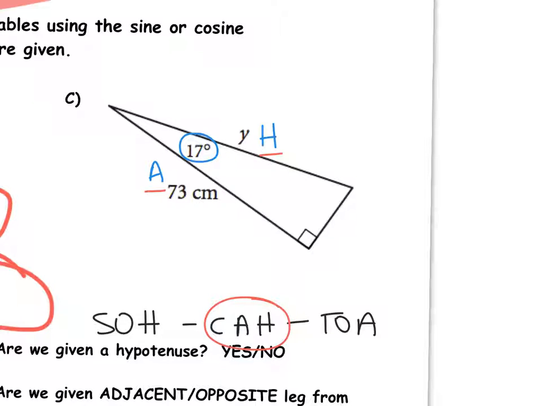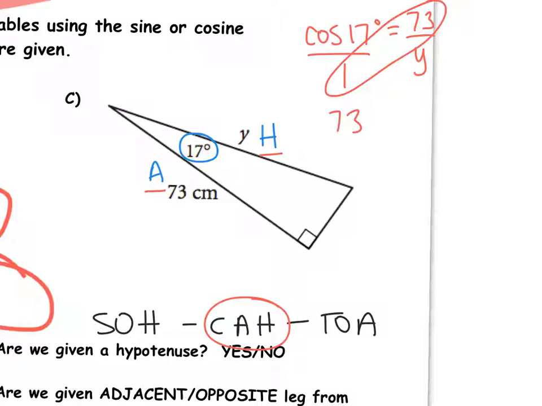CAH. So what does the C stand for? Cosine. So I'm going to do cosine of 17 degrees is equal to the adjacent, 73, over the hypotenuse, Y. Doing okay? Cross multiply. 73 times 1 is 73.